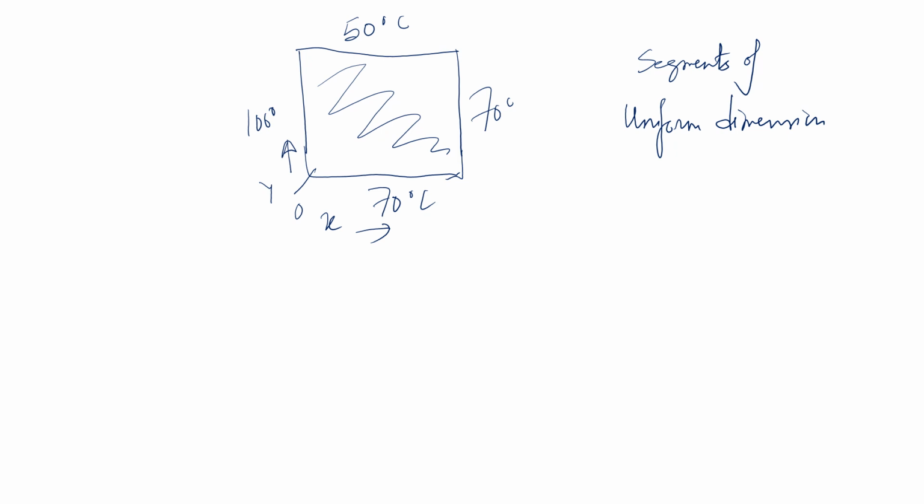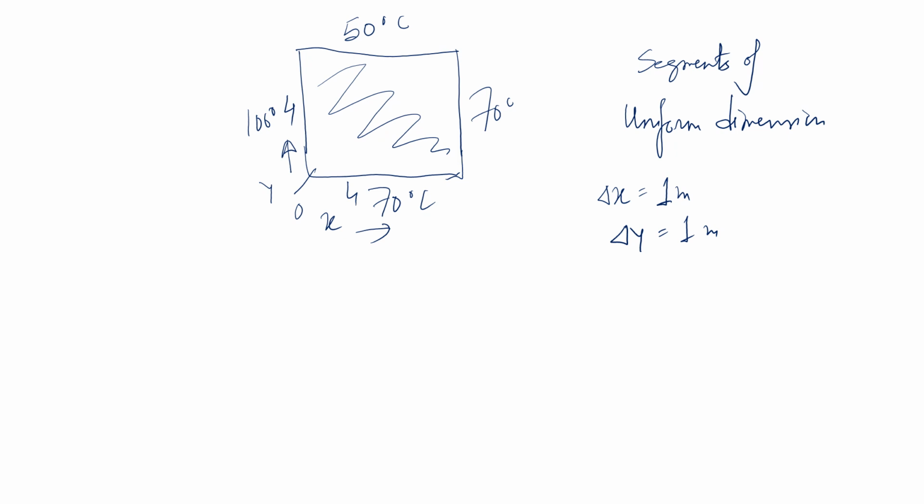Now, suppose this is a 4 by 4 plate, 4 meter by 4 meter. And if we assume that del x to be 1 meter and del y to be 1 meter, then we can divide this plate into 16 segments. Each segment of 1 square meter area.